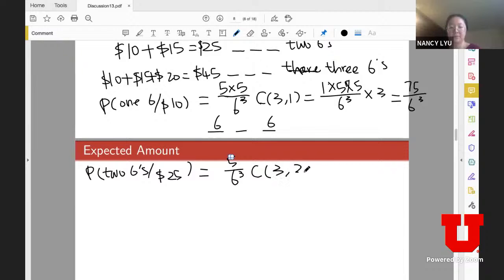So the 5 is the one that is left. You can choose from the other 5 numbers, and you have the sample space 6 cubed. And the 3 choose 2 is where the 6s can be placed. And the probability of getting three 6s, which means I win $45.